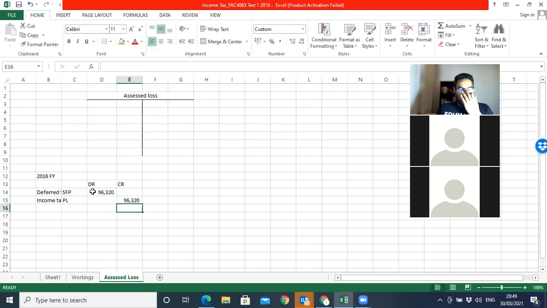So therefore, going through my deferred tax balance, at 31 December 2016, I have a deferred tax asset of 96,320. So therefore, my opening balance on 1 January 2017 is 96,320.